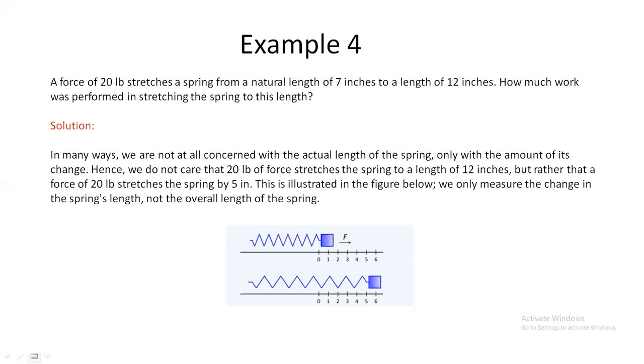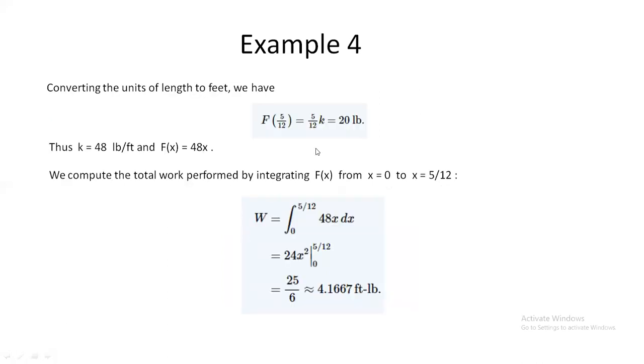So we change 5 inches to feet. You can see here the force needed to elongate the spring 5 inches. It was divided by 12 to convert the inches into feet. So you have 5 over 12 times the K.